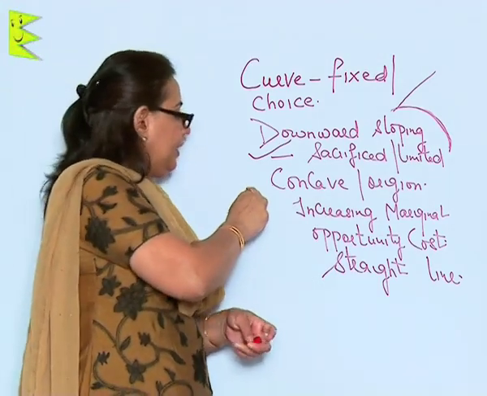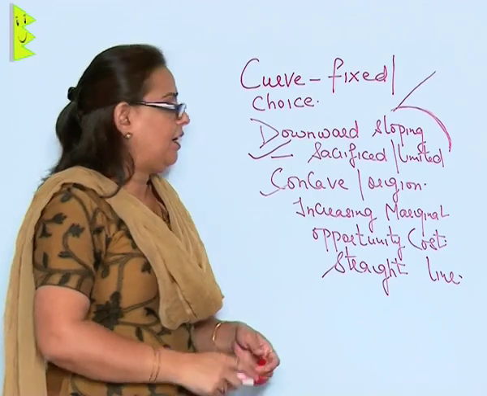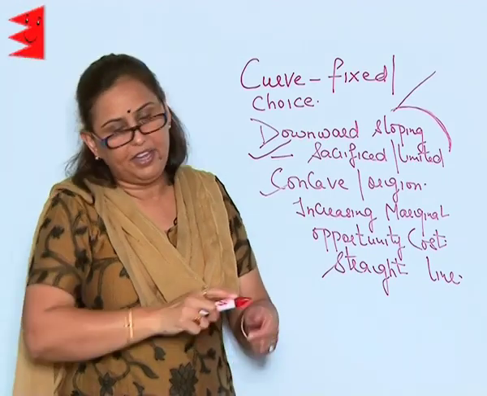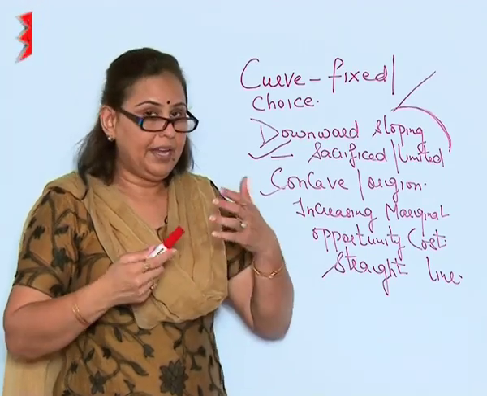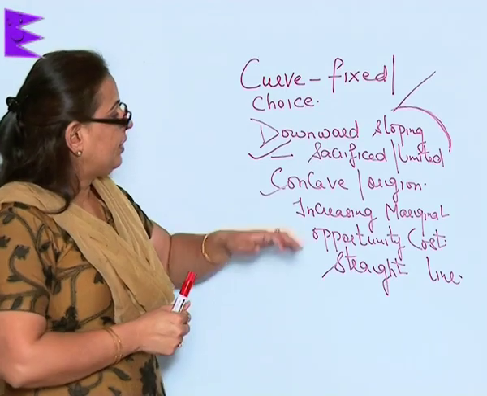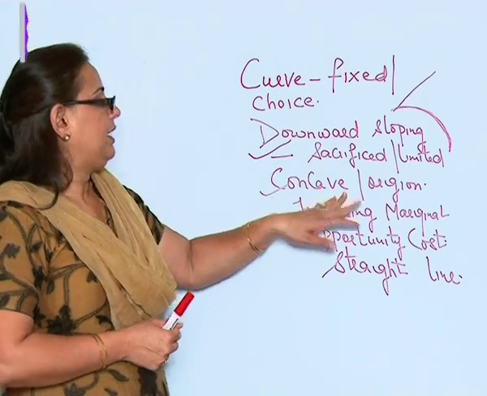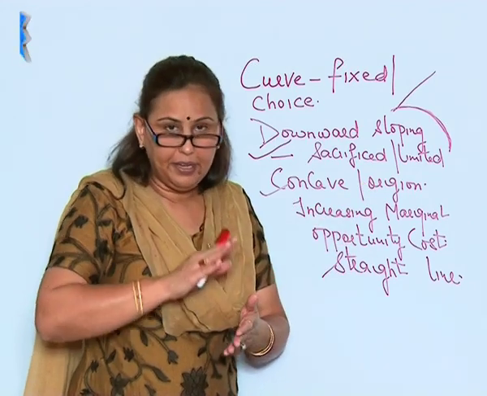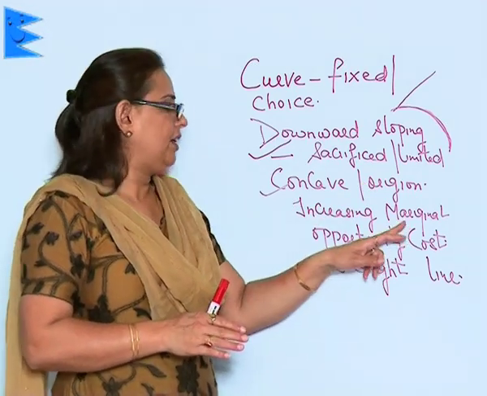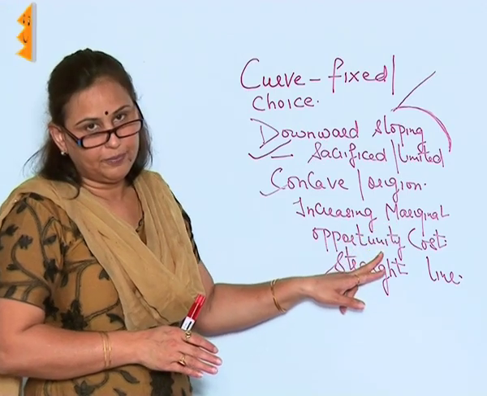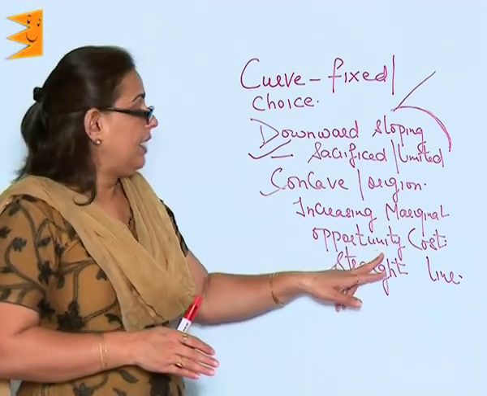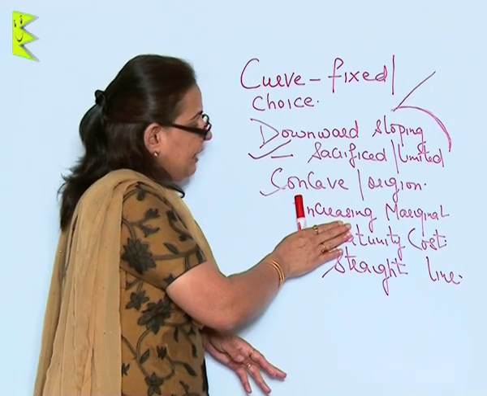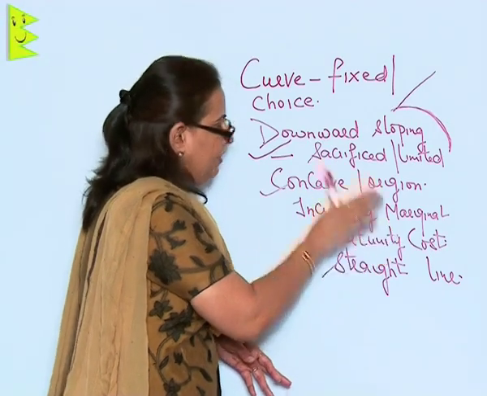Next, this production possibility curve is always concave to the origin. Now, why is it so? The simple answer is that it is concave to the origin because of the increasing marginal opportunity cost.